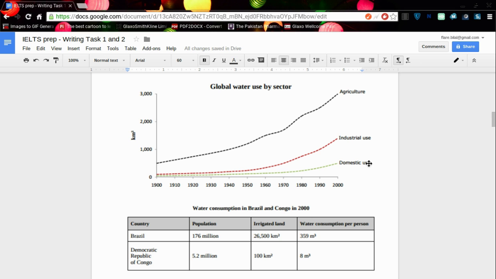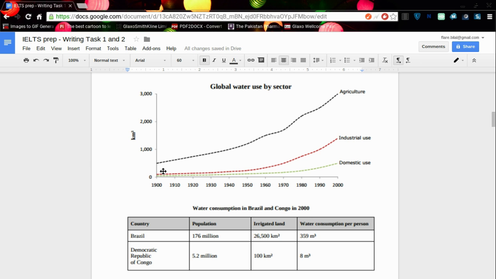So the first paragraph would start something like, agriculture uses the most water worldwide, and this goes up to 3,000 kilometer cube in 2000. And you can tell the increases. Now you can express the increases in percentages or in figures. If we do figures, this is probably 500.